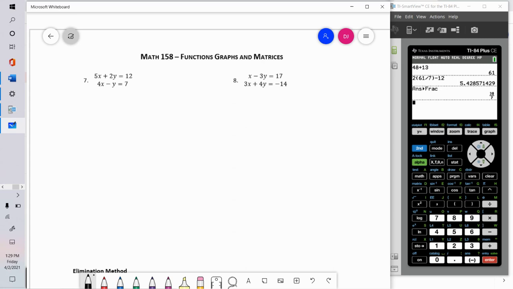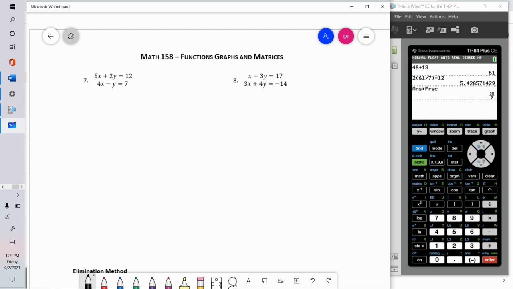Not quite as much fun, though, because notice neither equation is solved for x, nor is either equation solved for y. In the previous two examples, one or both equations were either solved for x or solved for y. So what I need to do here to do the solution method by substitution is solve either the top equation, 5x plus 2y equals 12, for x or for y, or solve the bottom equation, 4x minus y, either for x or for y.